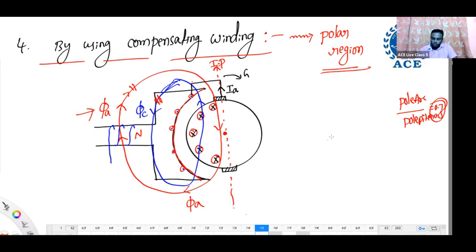That's why we connect the armature and compensating winding in series: when load is connected and there is armature current, the same current flows in the compensating winding. So both produce flux at a time in opposite directions, and both compensate each other. That's why the compensating winding should be connected in series with the armature winding, but not the field winding.